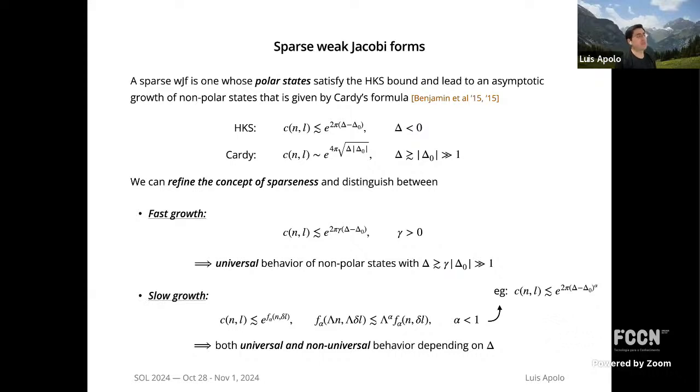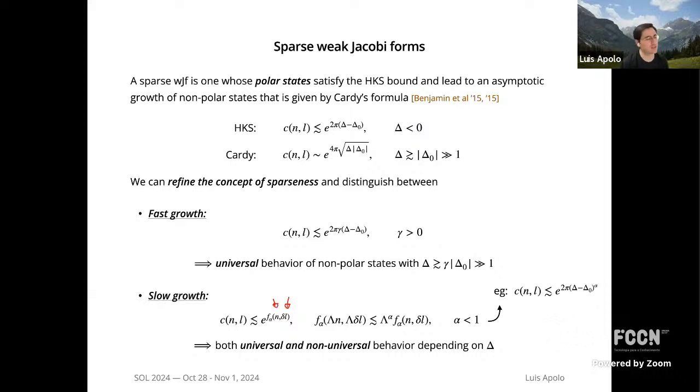But in addition, we will also consider forms that have slow growth. By slow growth, we mean that the growth is not quite this Hagedorn type growth, but it's sub-Hagedorn. To be more precise, because there are two variables here, there's n, and there's delta L, the value of L above the value of the ground state.